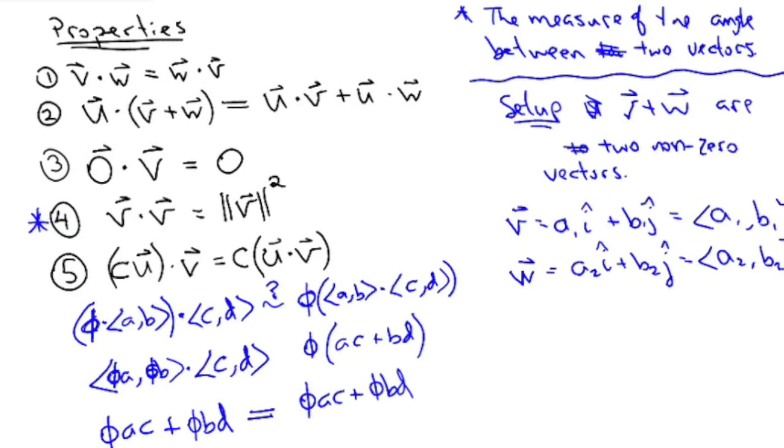Okay. Then I get to ask a question. If U is equal to V minus W, what's U equal?